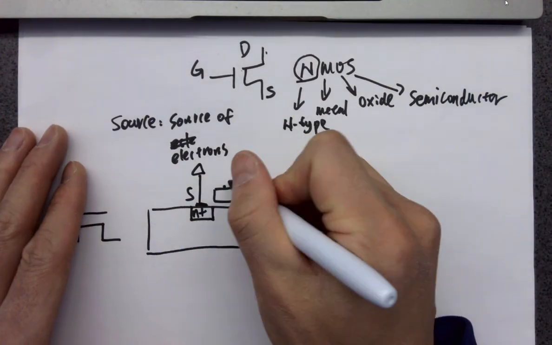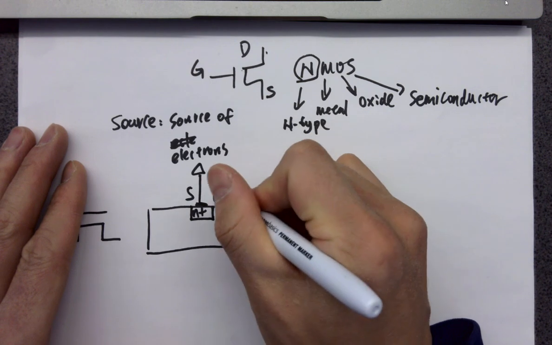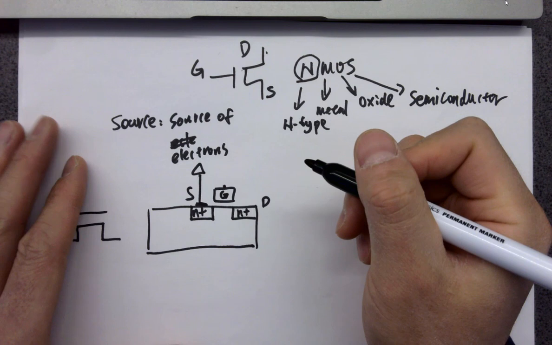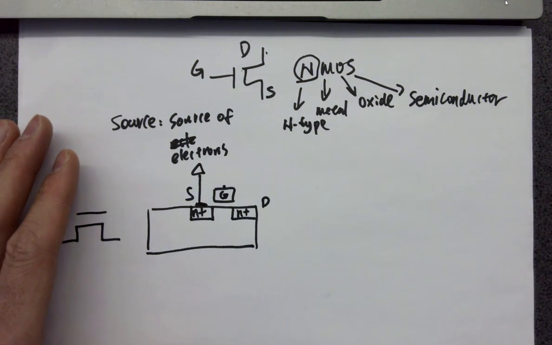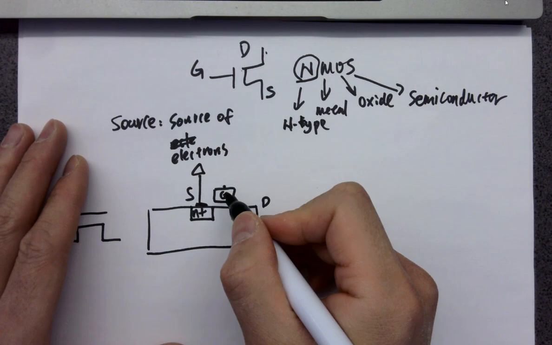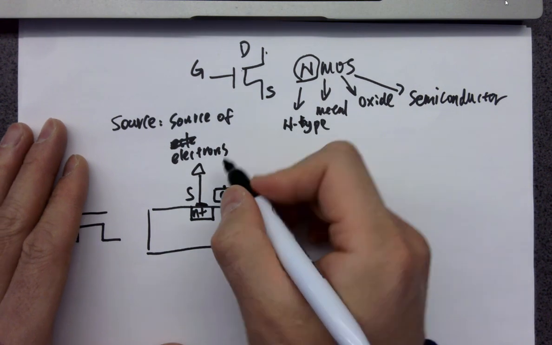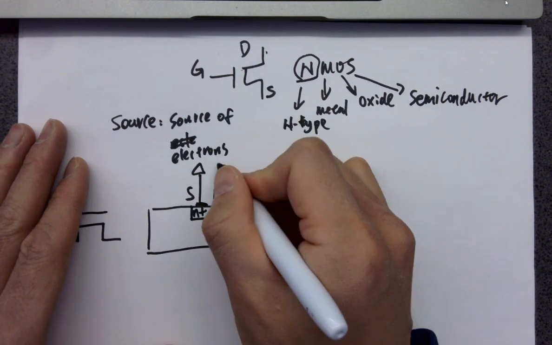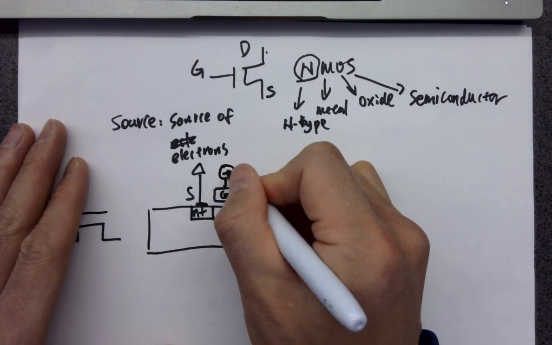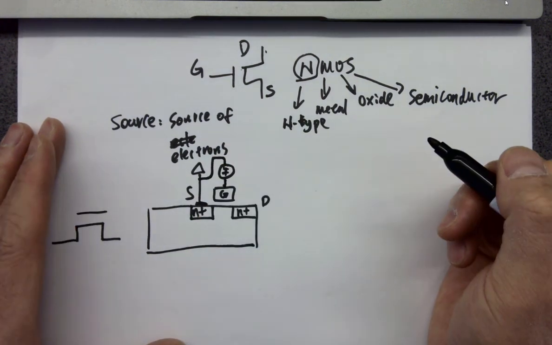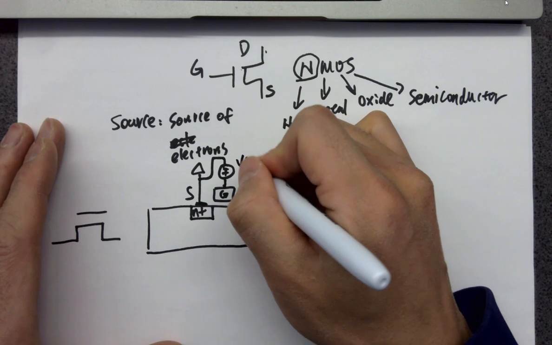And we need the gate. The gate here, what's the material for the gate? Polysilicon, right? There are some technologies that do metal gates, which is fine, but C5 is polysilicon. And so we need a voltage drop here, ground it. We call this VGS.